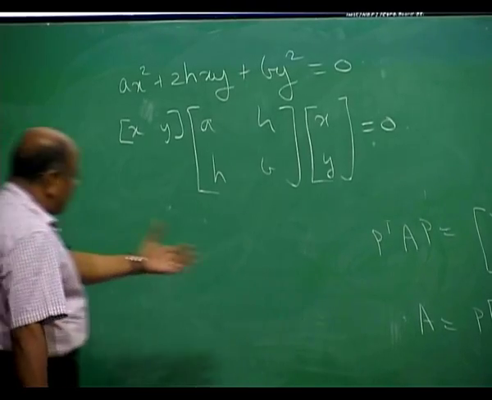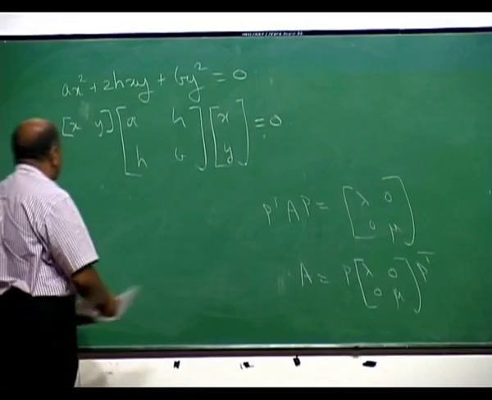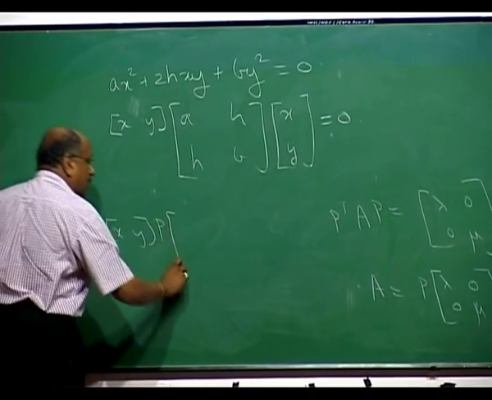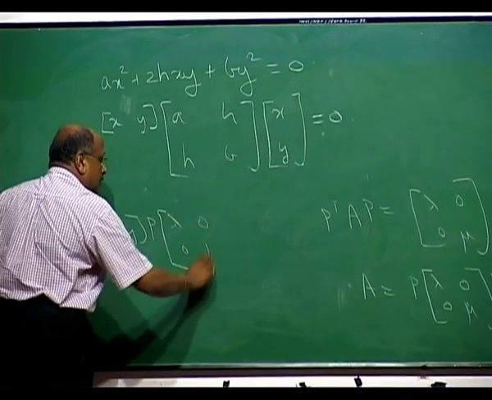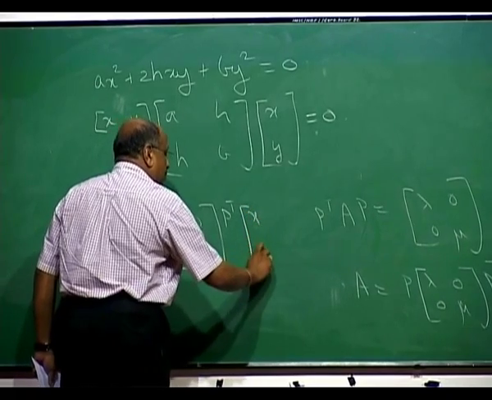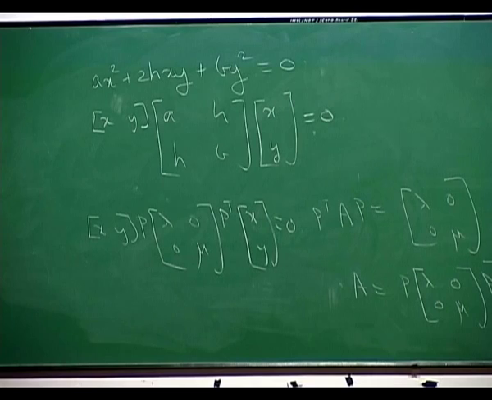Now I am going to use the fact that A can be written in this form. So that means (x y) P, diagonal lambda mu, P transpose (x y) equal to 0.